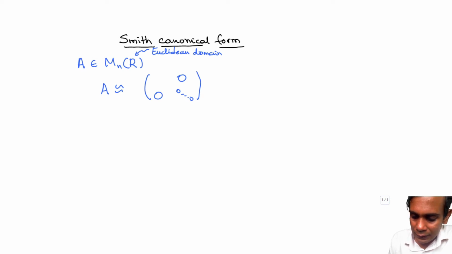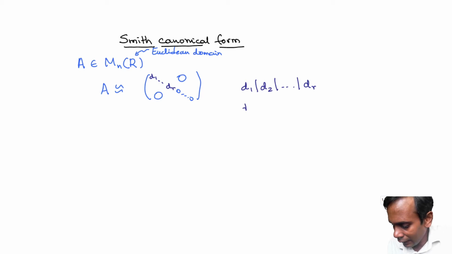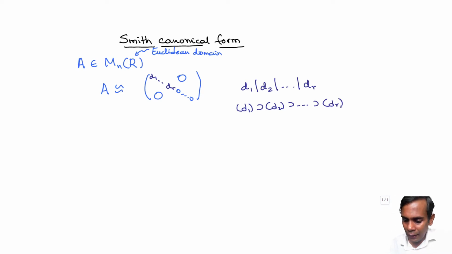So what it says is that instead of a bunch of ones, you will have entries d1, d2, dr along the diagonal, such that, in terms of divisibility, d1 divides d2 divides d3 all the way up to divides dr. Or in other words, the ideal of d1 contains the ideal of d2 contains the ideal of dr. And moreover, this is not exactly unique.